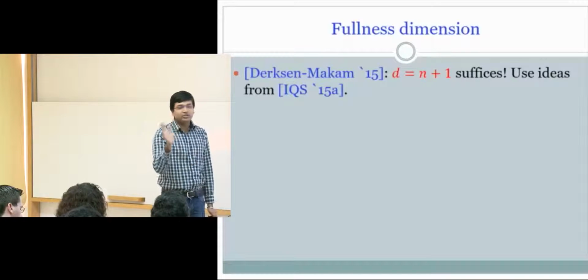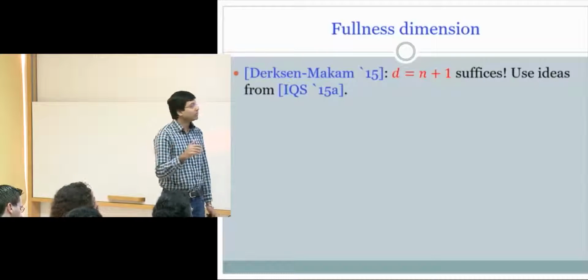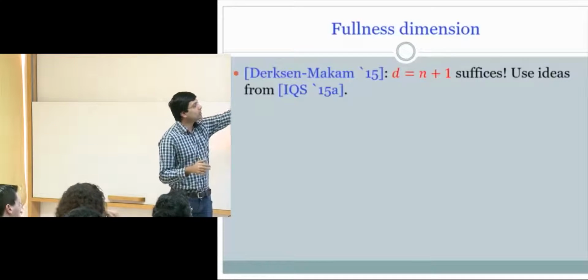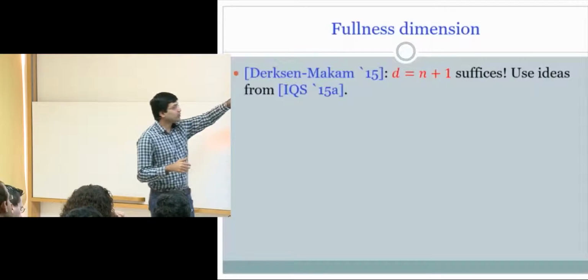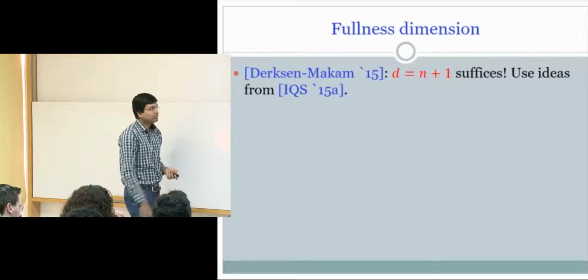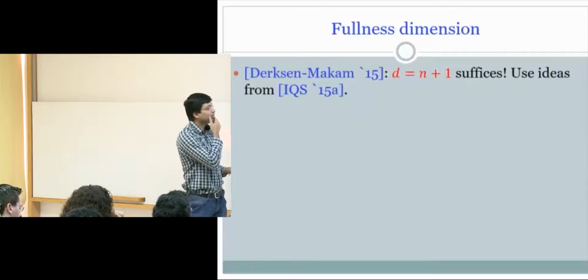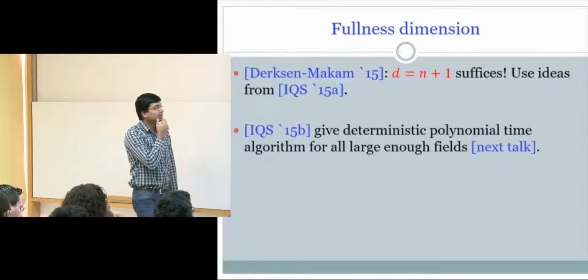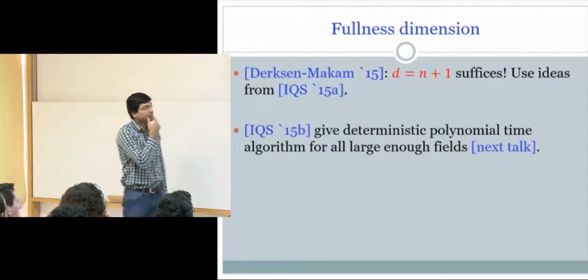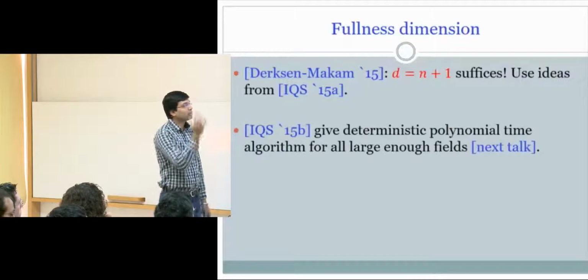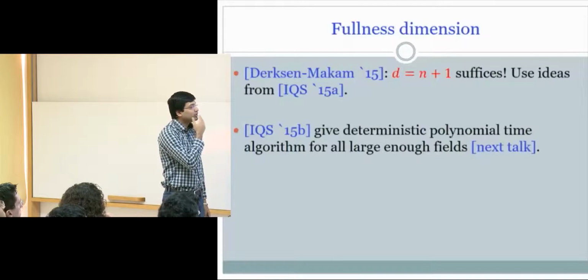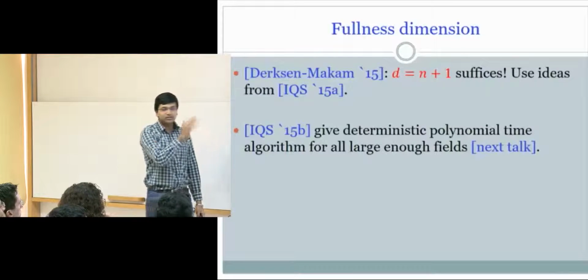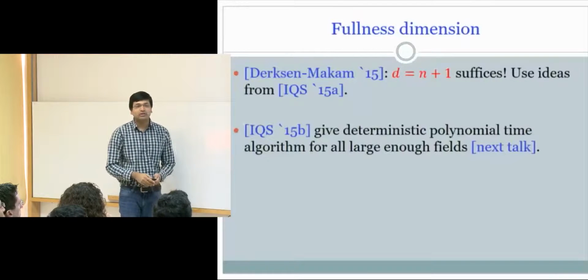So this already gives a very natural randomized polynomial time algorithm. They use the techniques from Ivanyos, Qiao and Subrahmanyam, their previous paper. I guess KV will talk about this also. After that, IQS 15b gave a deterministic polynomial time algorithm using this approach, which works over all large enough fields. And this is what KV will talk about in the next talk.